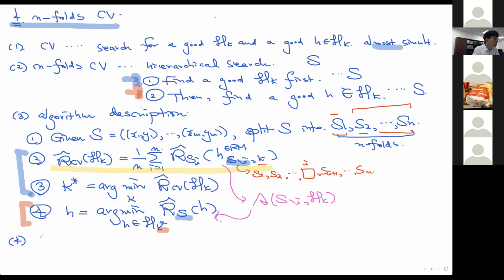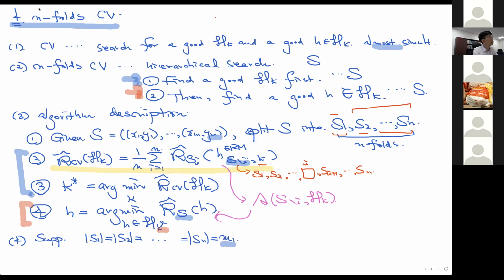So suppose the size of each fold is the same, and let's call it M1. So the number of all the samples is M, and the size of each fold is M1.